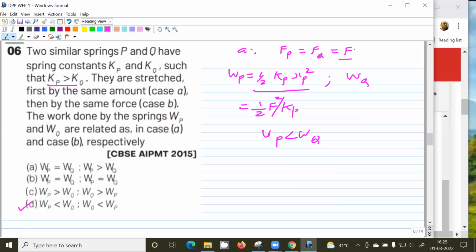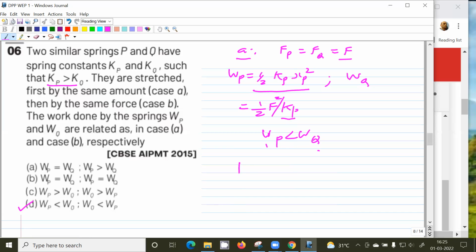Kp xp is also equal to Kq xq. And this thing I can write as F square by K, that is K square x square by K. F is same for both of them. So Kp is greater, so Wp should be less in case A.